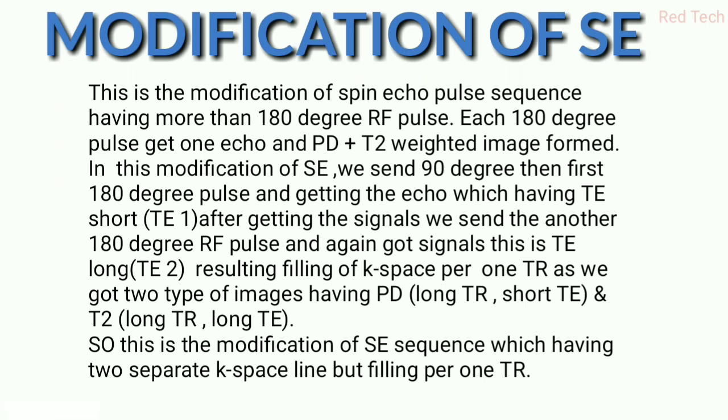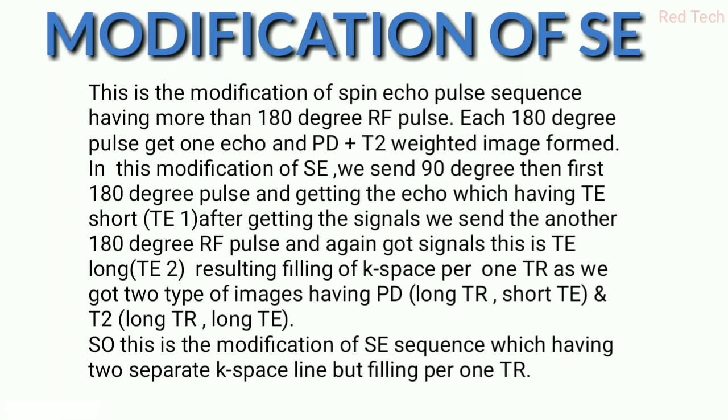So this is all about the modification of spin echo, which has two separate k-space fillings, but filled in one TR, meaning time of repetition is 1, and two separate k-space fillings.